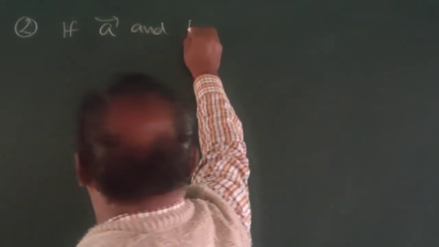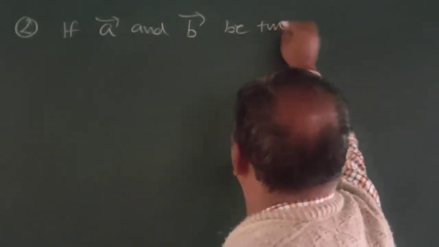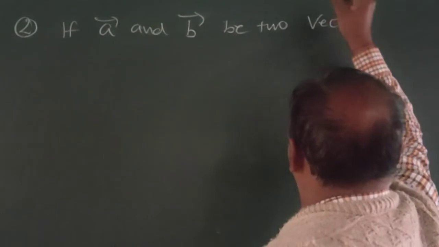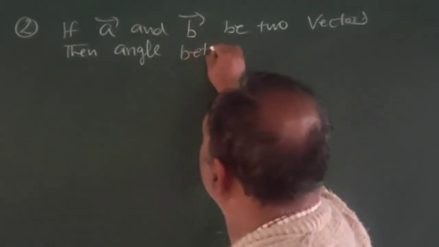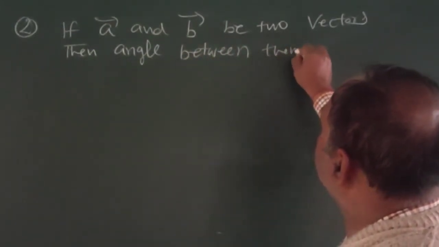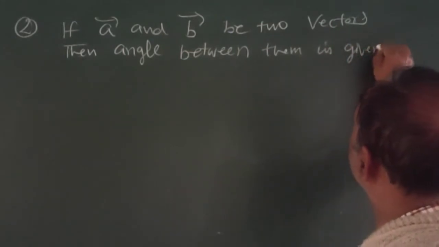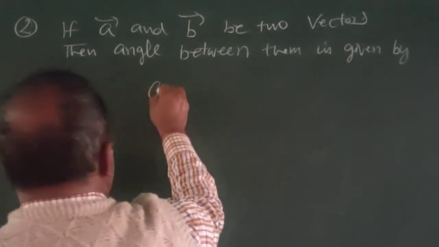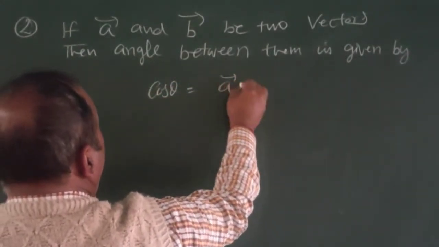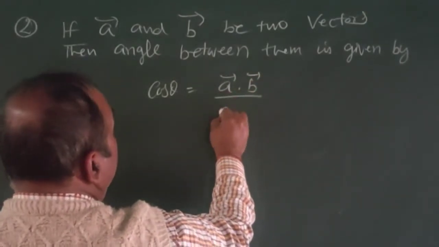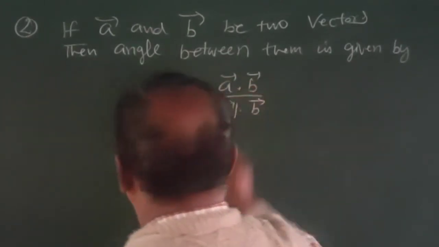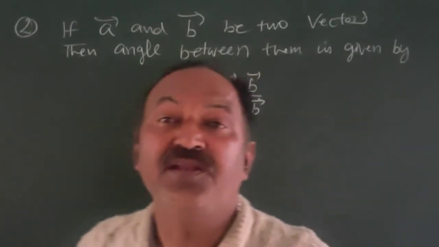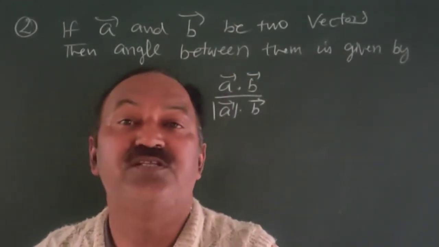If vector A and vector B are two vectors, then the angle between them is given by cos theta is equal to A dot B divided by magnitude of A into magnitude of B. So this is the formula to find the angle between two vectors A and B by using the dot product.